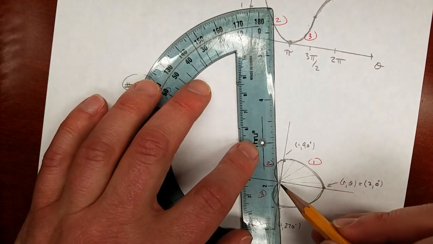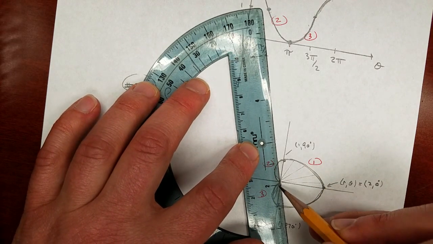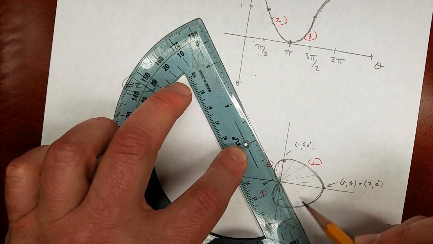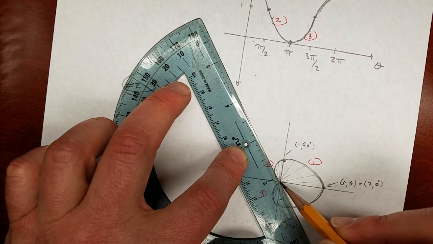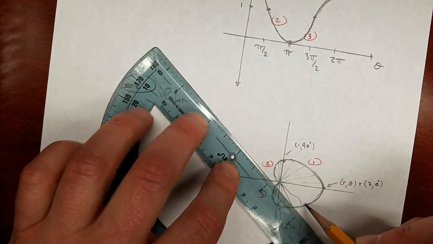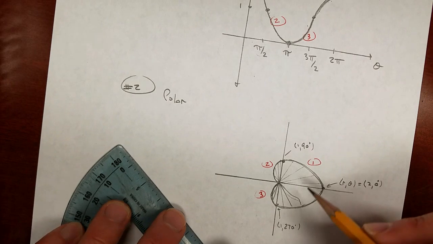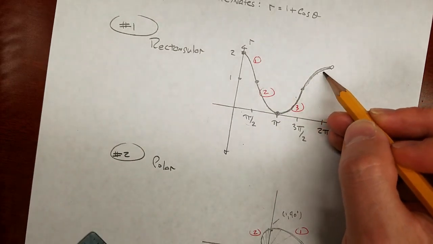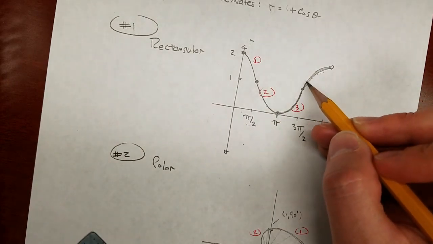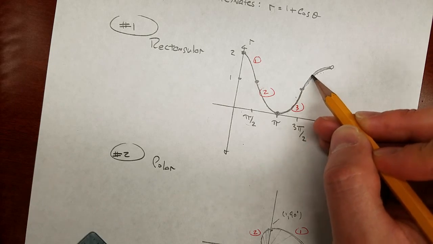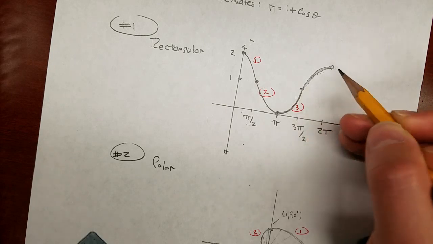Just look, tilt the ruler. The more I tilt towards 360 degrees, the further the point is out there. Okay? The radial distance is getting bigger. Here, r is 1. Then it's 1.5. Then it's 2.